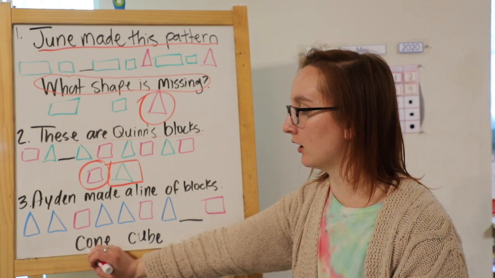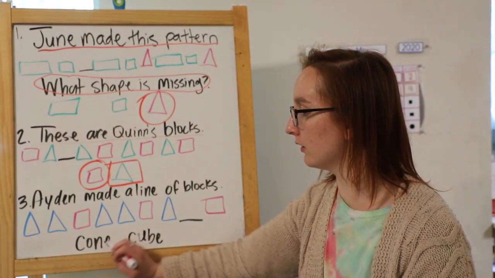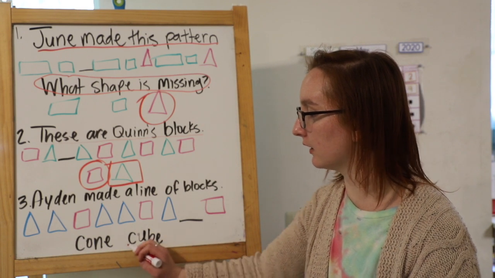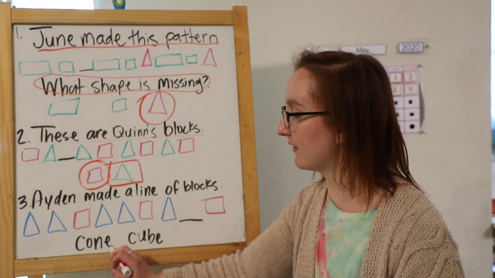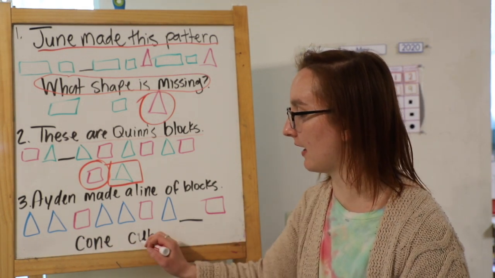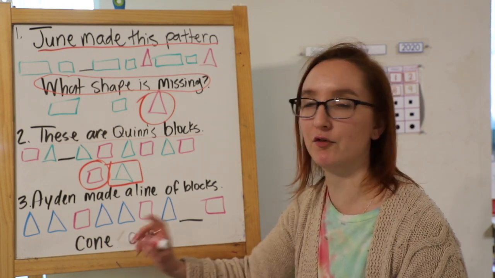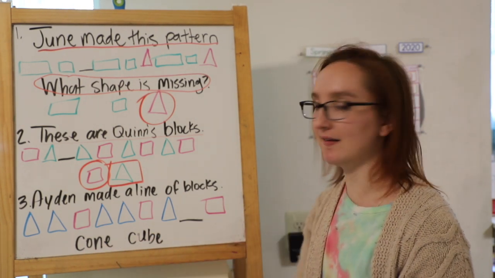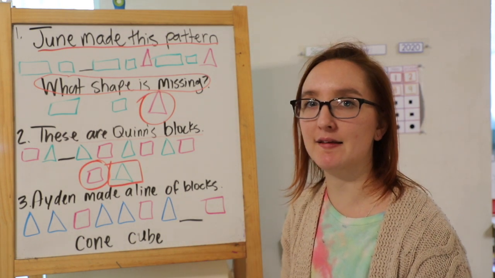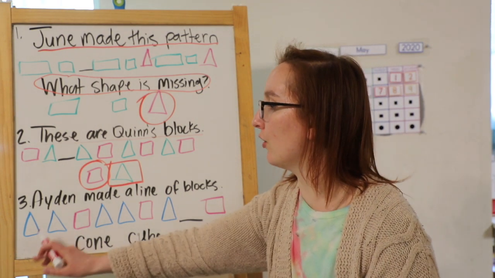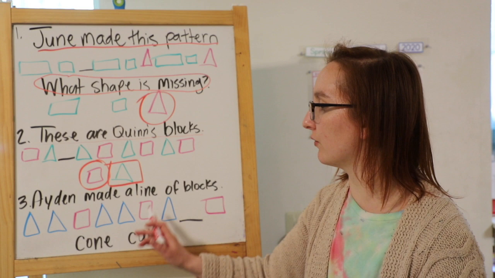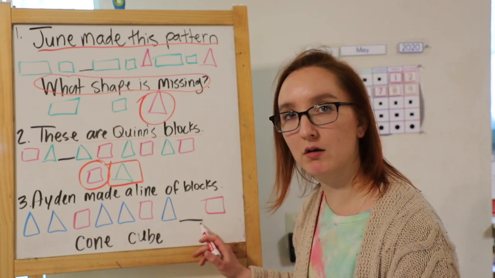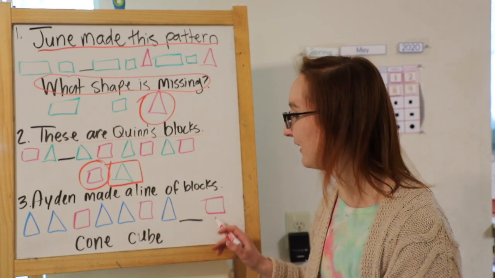Is it going to be our cone or cube? Now both of these have our sneaky E making that long vowel sound right in the middle, so we know that this is cone and this is cube. So let's read it again and see what might be going in that blank. Cone, cone, cube, cone, cone, cube, cone, cone, cube.